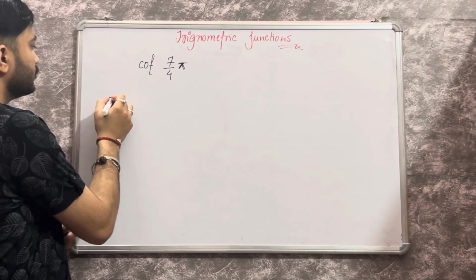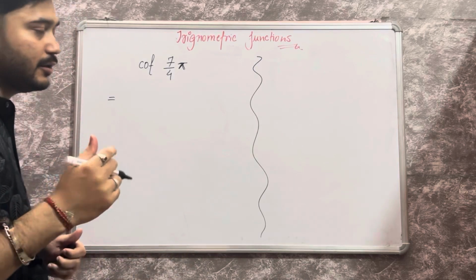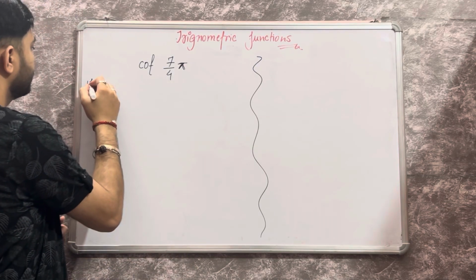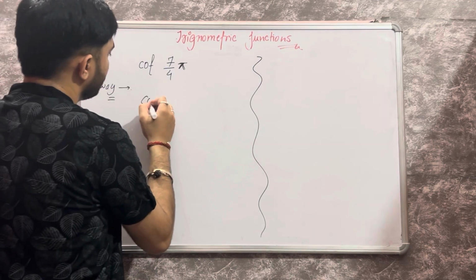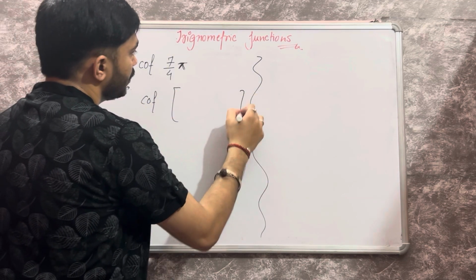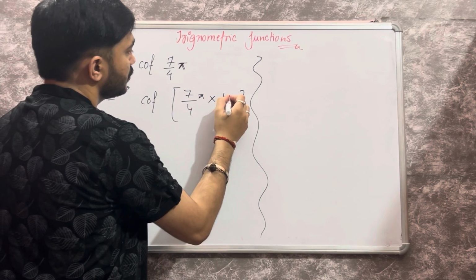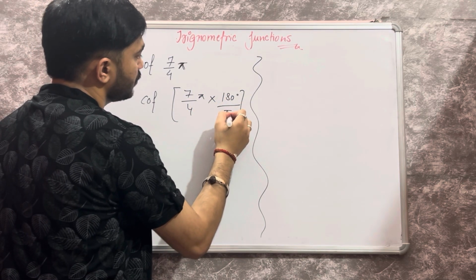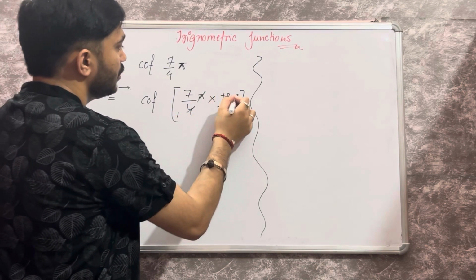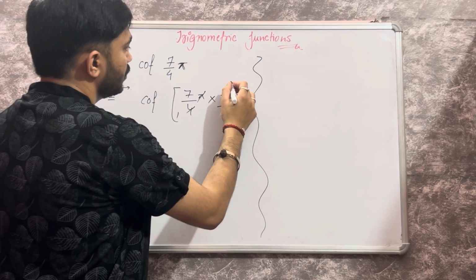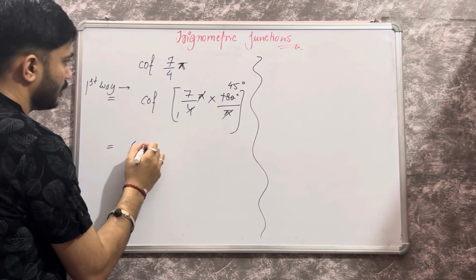I am going to solve this question again in two ways. First way is cot: convert this radian form into degrees. Pi cancels out, 4 into 180 is 45, so 7 into 45 degrees.